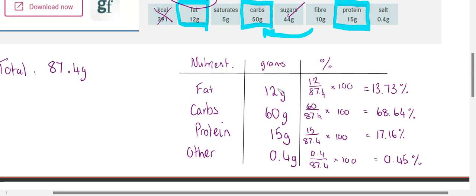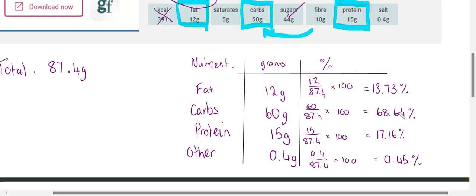We've got our grams to the nearest tenth of a gram. We could probably round this to the nearest whole percent, just because we're going to have to put it into a pie chart. Does that make sense to say those are correct, but they're probably too accurate for our needs?